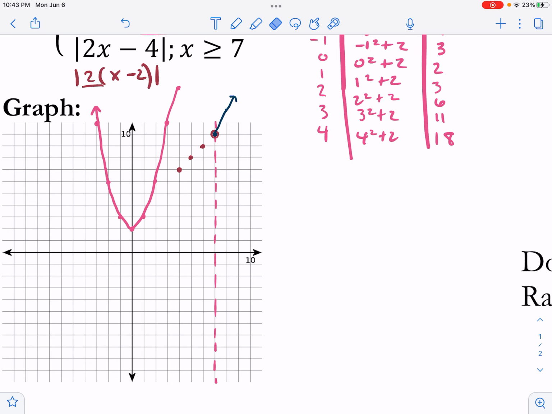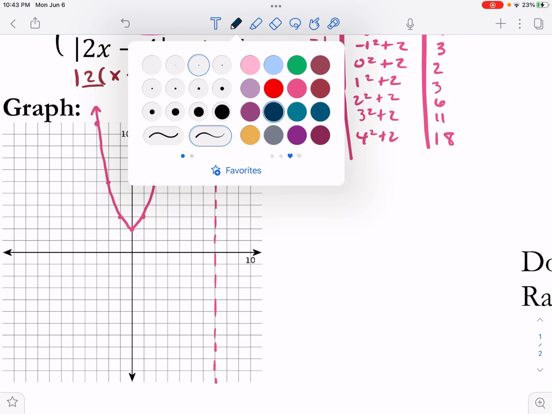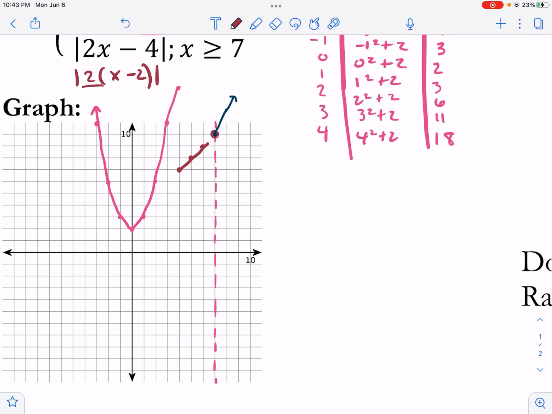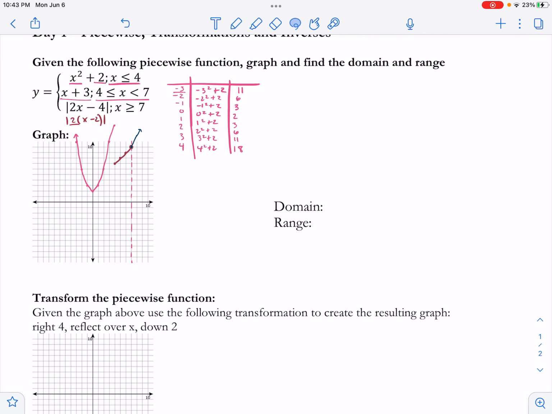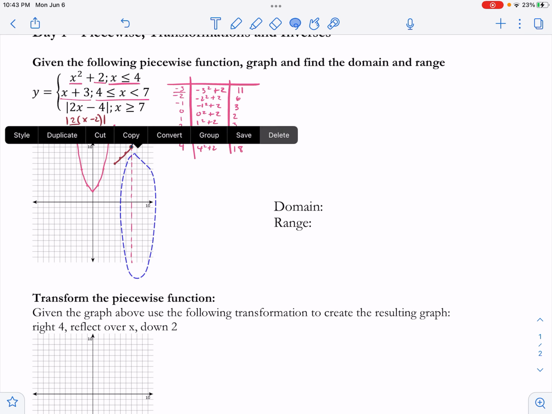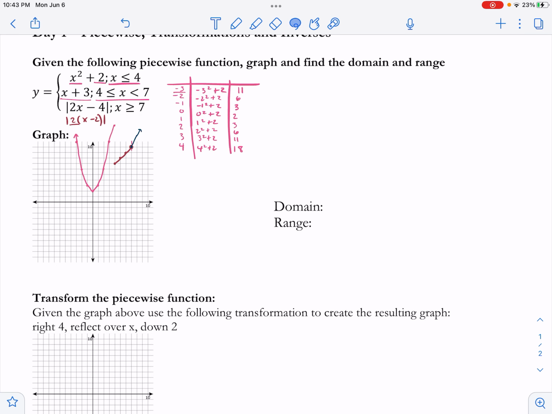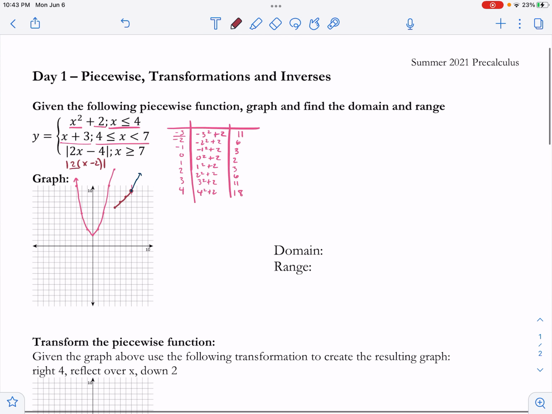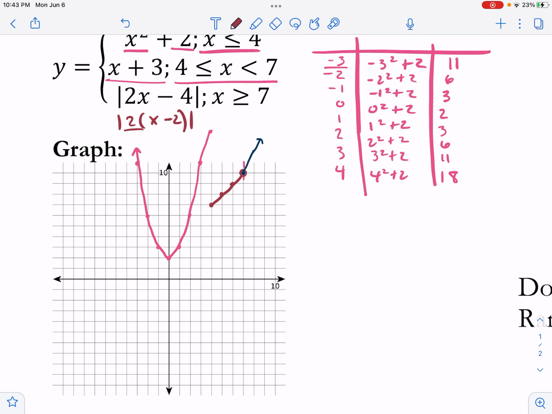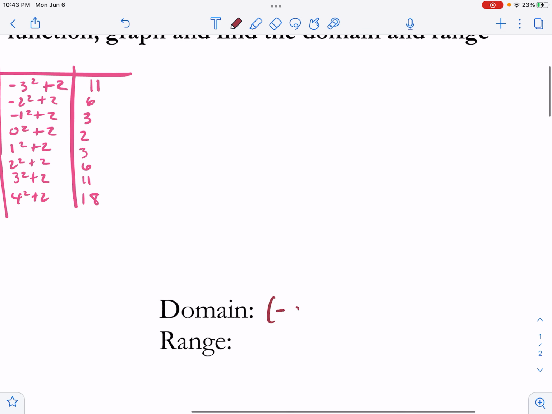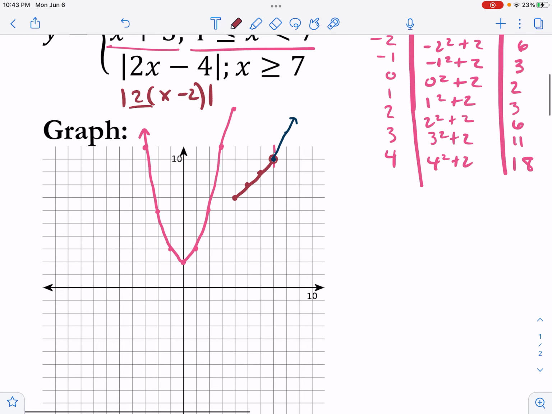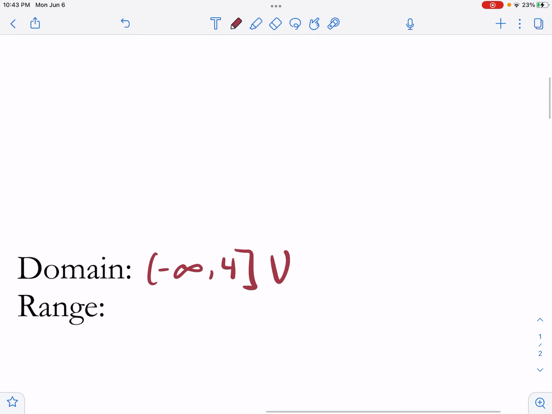So now that we have graphed this, let's find the domains. To find the domain, we would do the first one: -infinity to 4. And then another one, which would be 4 to 7, not included.